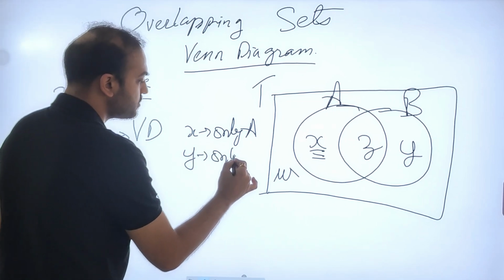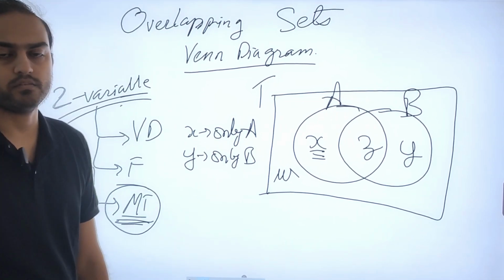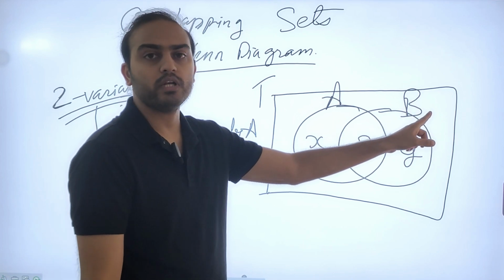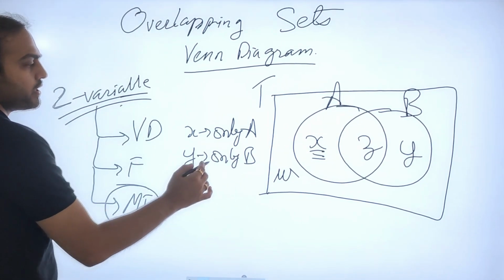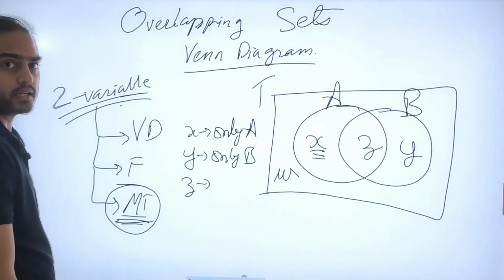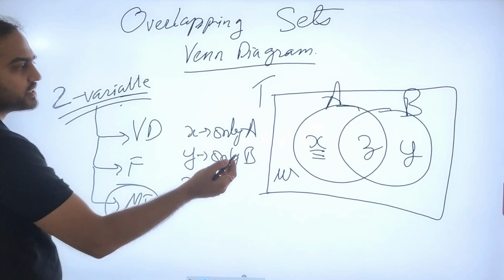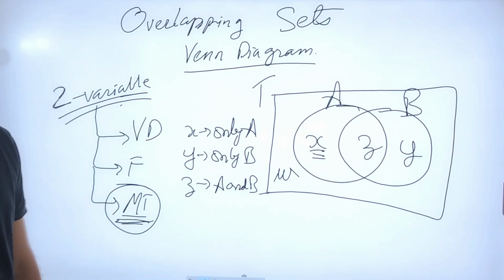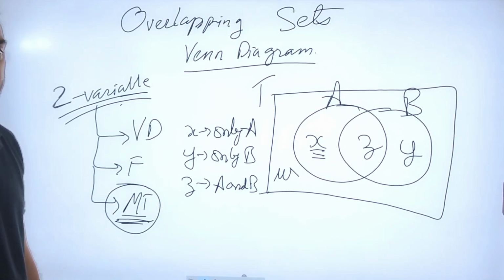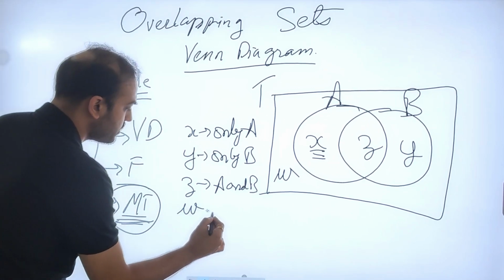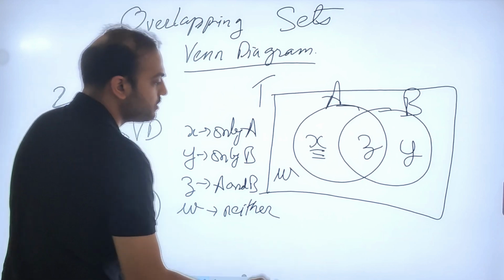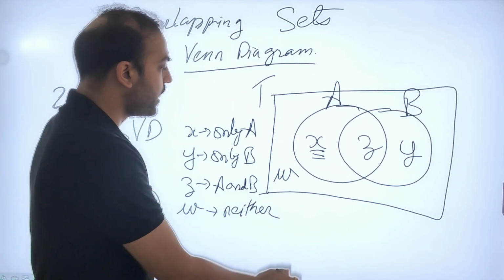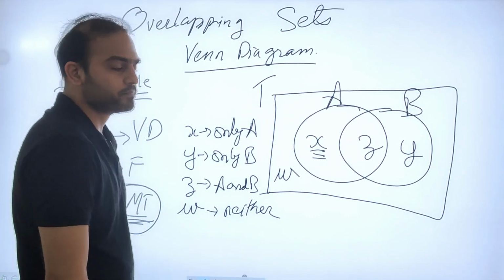Similarly, Y becomes only B. They are part of B but not part of set A. So Y becomes only B. Z is people who belong to both A and B. W is people who do not belong to A or B, so they belong to neither A nor B. They are outside, but they are still part of my total set.